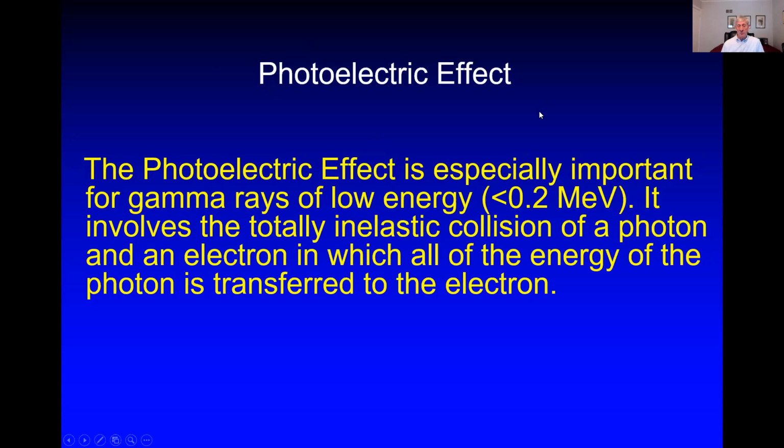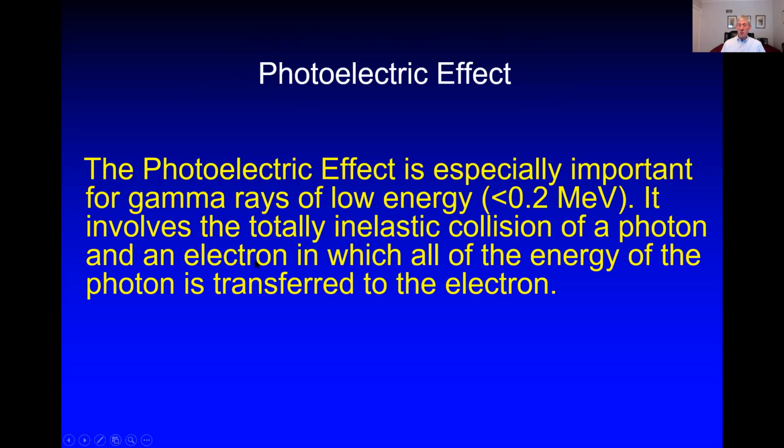What is the most important effect of all, and the most desirable, is of course the photoelectric effect. And here's what's happening. We have a low energy gamma, typically. Low energy means like technetium energy, I-123, relatively low energy. And this gamma ray will collide with an electron.